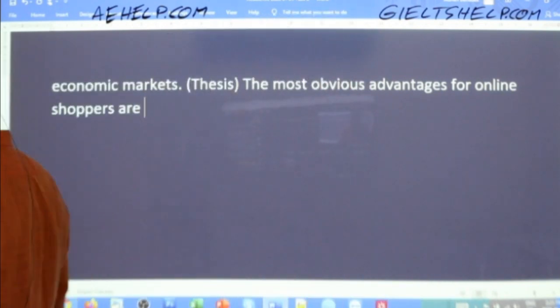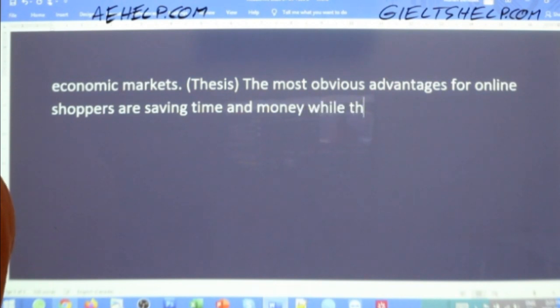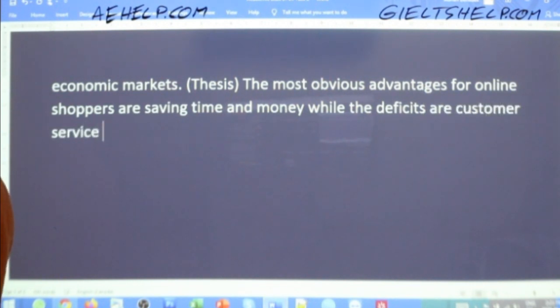So the most obvious advantages for online shoppers are saving time and money, while the deficits are customer service and counterfeit products.